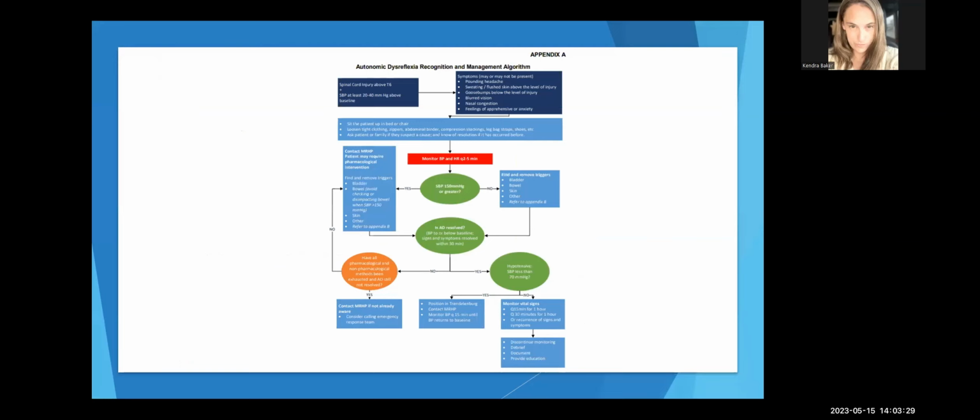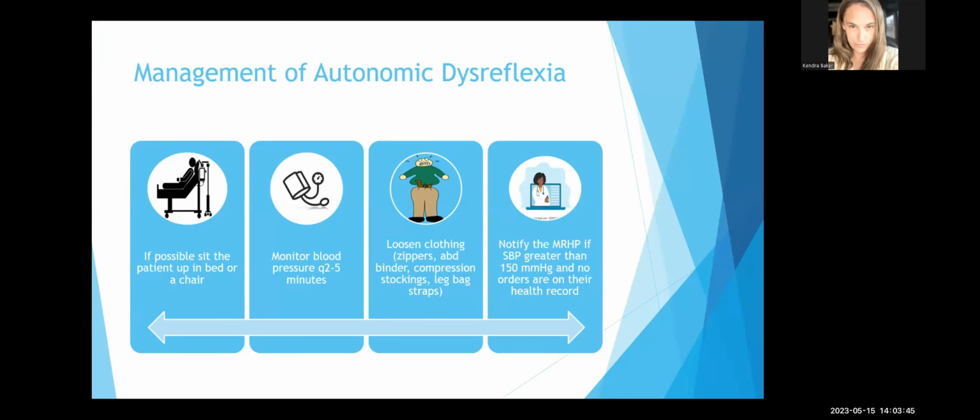As you can see there in Appendix A, there is the autonomic dysreflexia recognition and management algorithm, which I'm going to go into in a little bit further detail now. So for the next slide. So the management of autonomic dysreflexia.